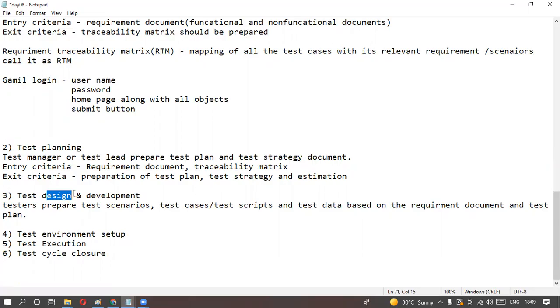So in this phase, we are going to create or prepare some test scenarios or test cases and test data based on the requirement. Okay, what else? What is the entry criteria for this phase?